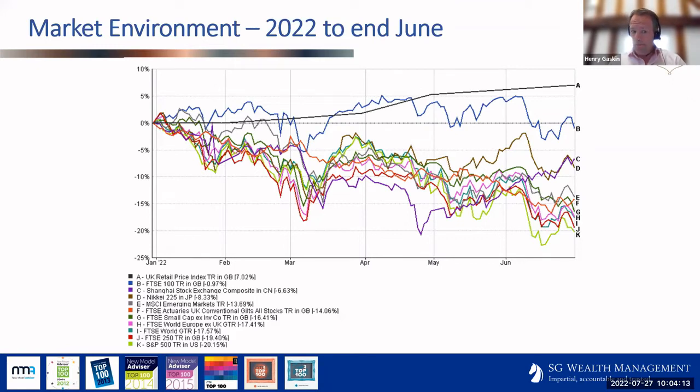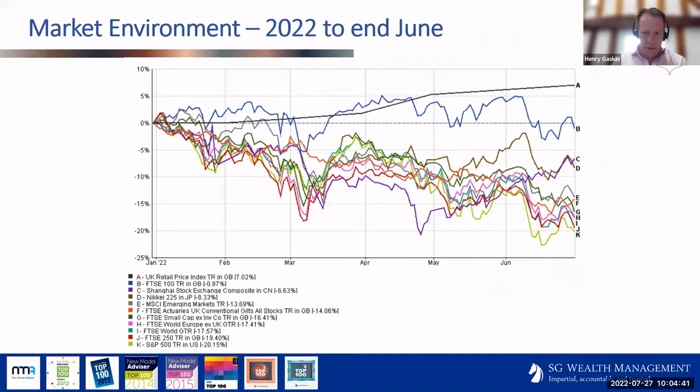Probably a much truer representation of the state of the wider UK market at present is the red line on the chart, which is the FTSE 250, the next 250 biggest companies in the UK. So probably a bit more of a diverse and broad-based sector composition, and you can see that was nearly a negative 20% fall as well over the period.